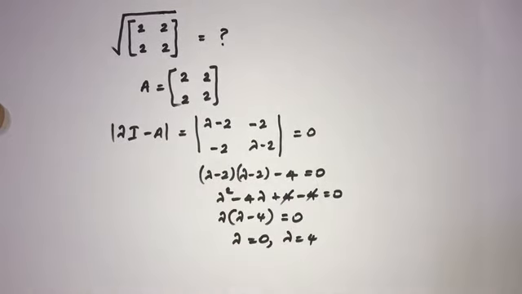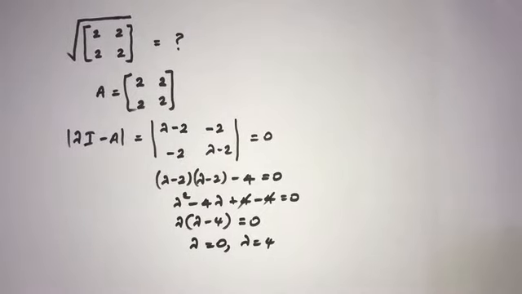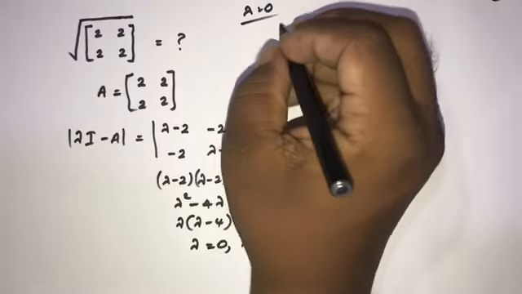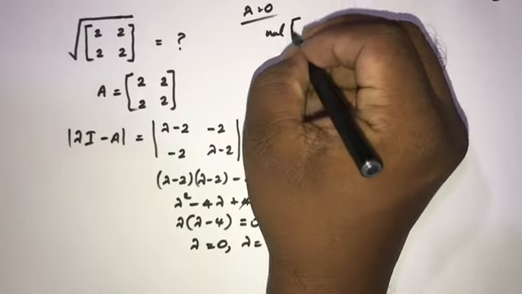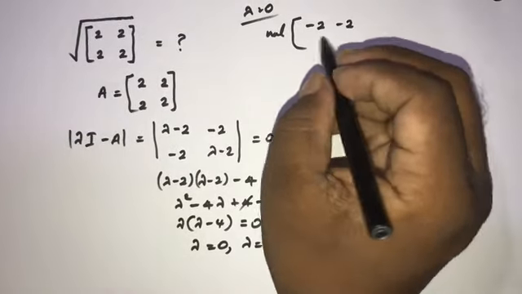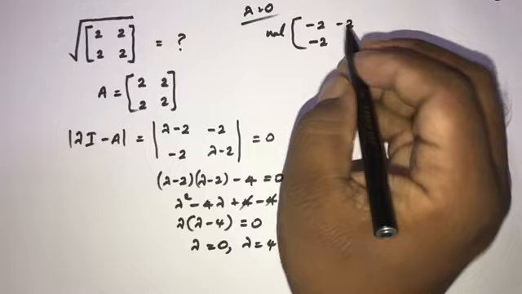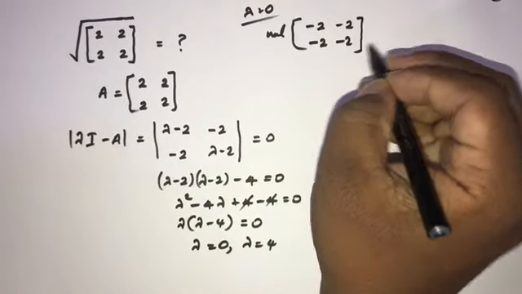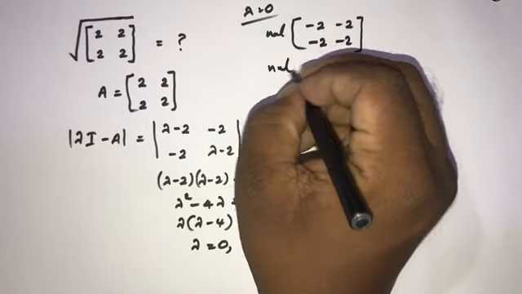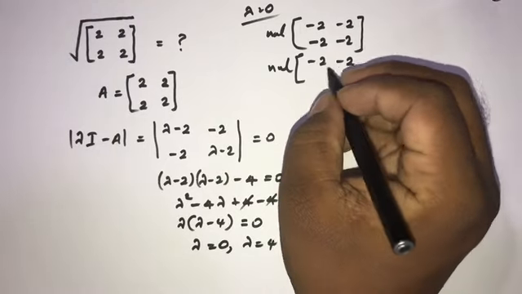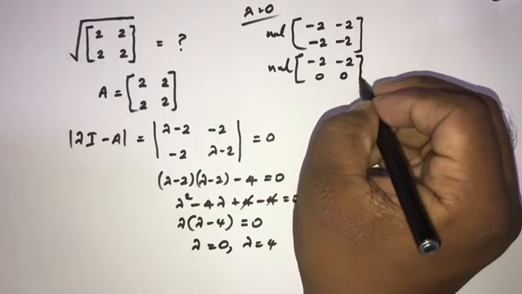Now we are going to find the eigenvectors. When lambda is equal to 0, we write the null space of [minus 2, minus 2; minus 2, minus 2]. If we subtract, the second row becomes 0 0.